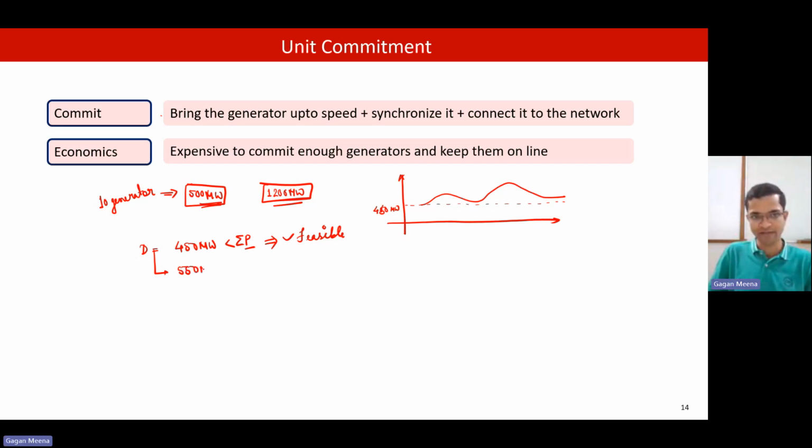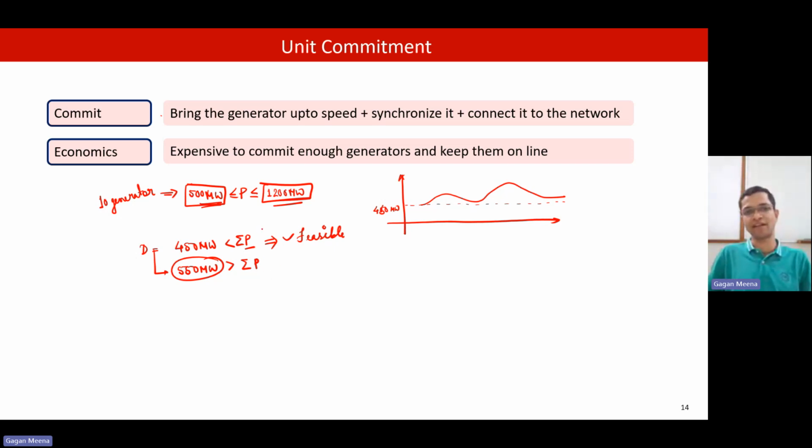Suppose the demand is 550 megawatt, which is greater than their minimum. If all the generators are at their minimum, then we cannot supply the demand. But we can easily increase, because we know that the total generation has to be between these limits, and if the demand is this much, we can satisfy the demand.